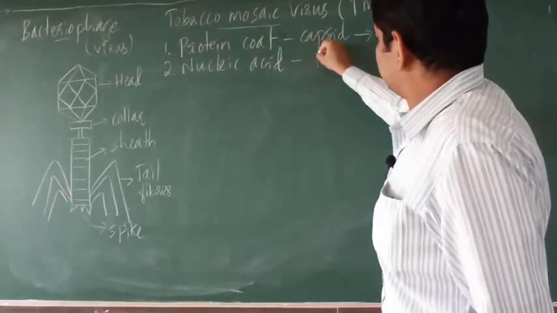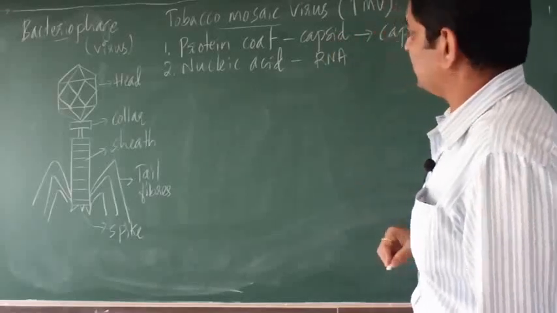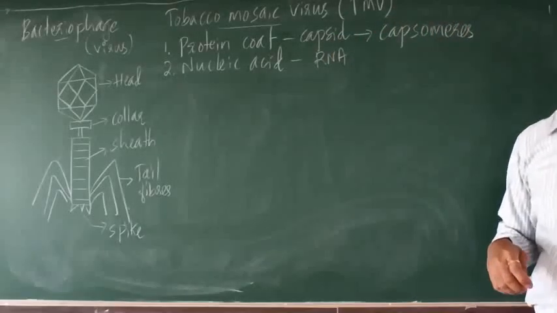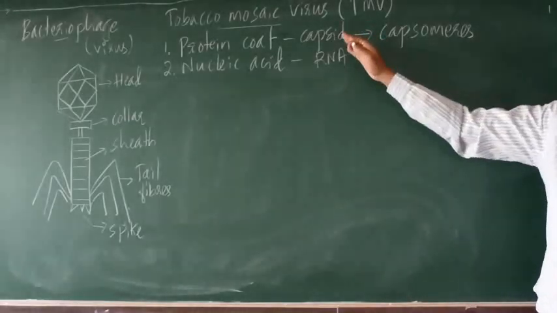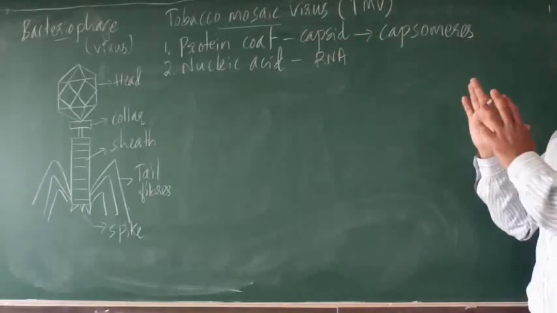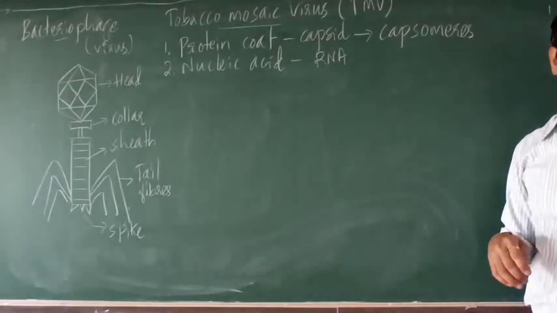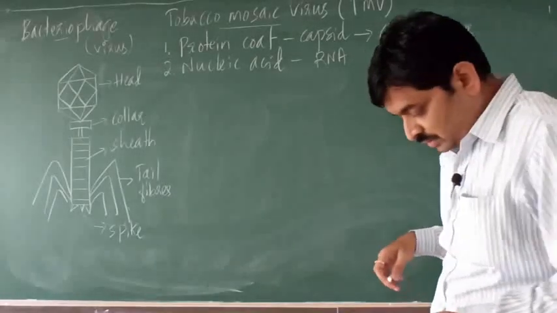Then the nucleic acid that is present in the TMV is RNA. So it is an RNA virus. This RNA is protected by the protein coat. So that is the structure of a tobacco mosaic virus.